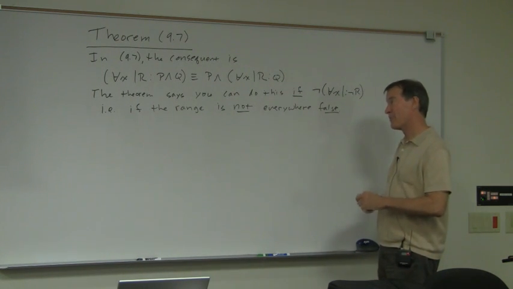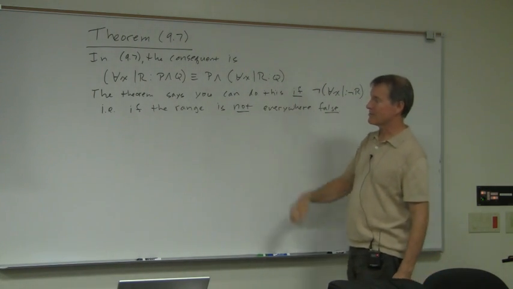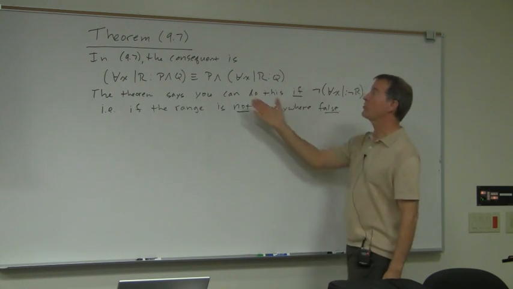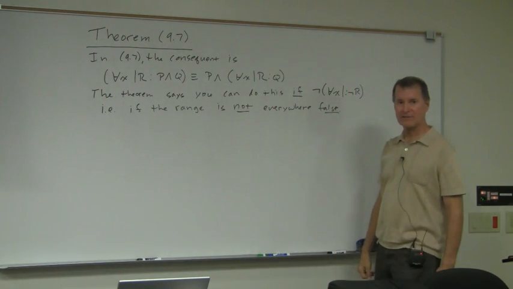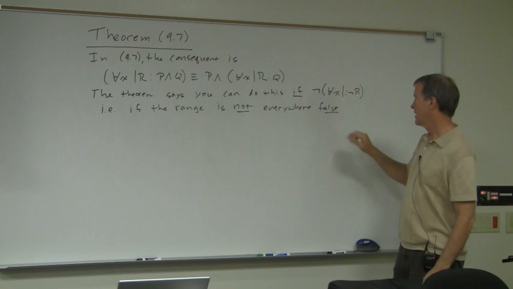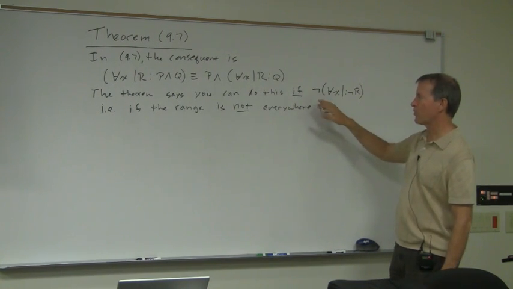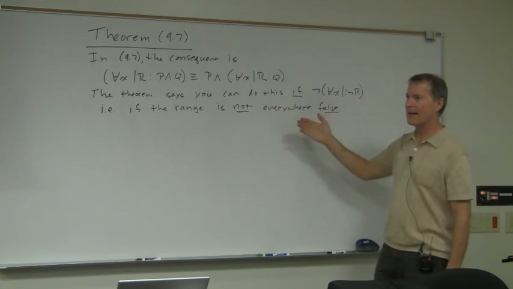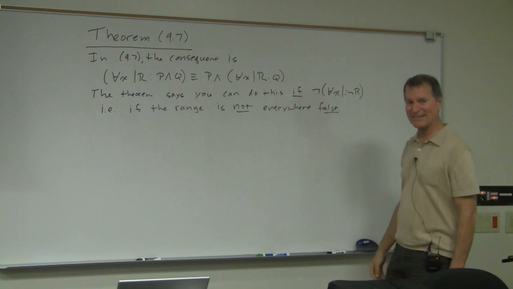If the range is everywhere false, you can't do this. But if the range is not everywhere false, you can. It's a more complicated proviso than an occurs proviso. You know what I mean?